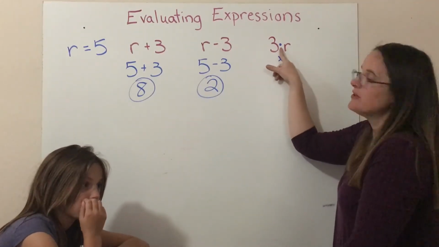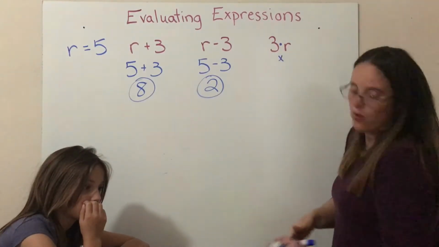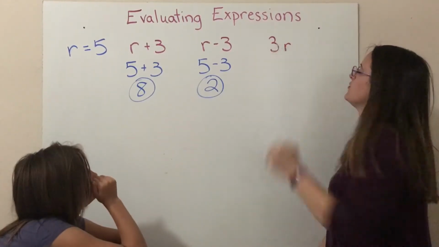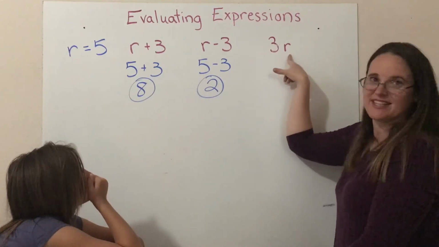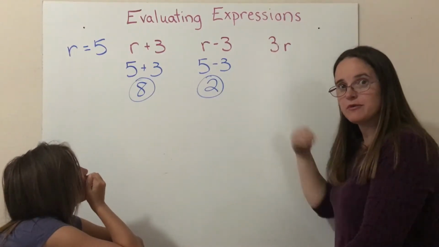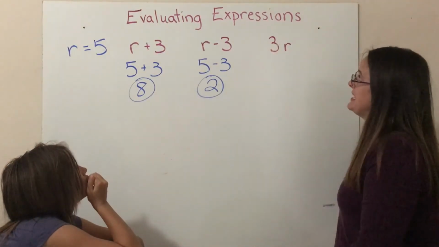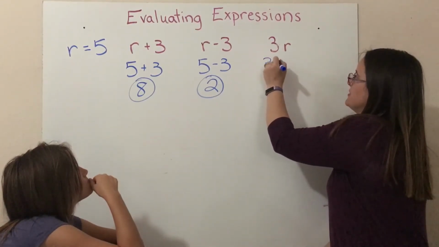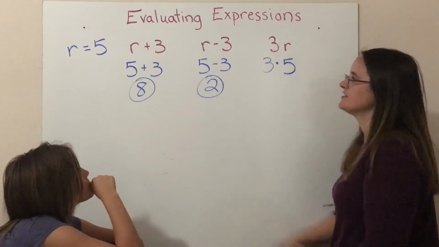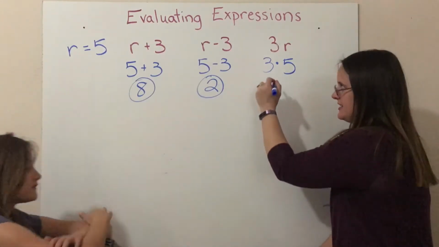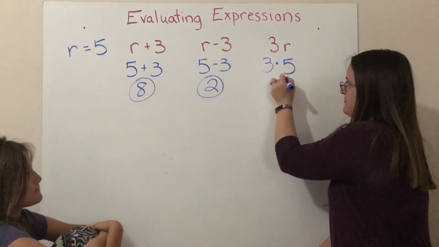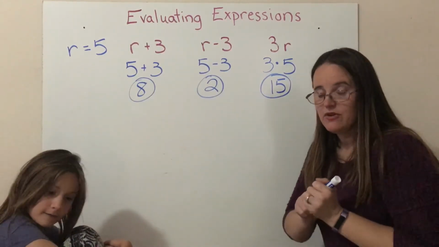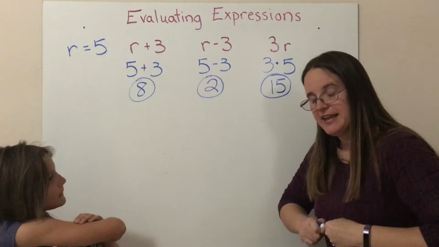Instead, we can use the little dot, or we can just write the number next to the variable that we're multiplying. So this means 3 times r, and we've been told that r is 5, so 3 times 5 is 15. Correct. Those are the only examples we have for today.